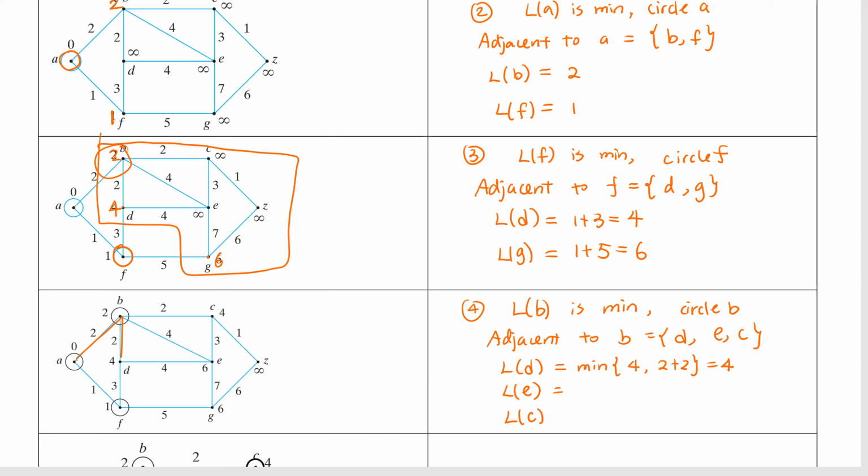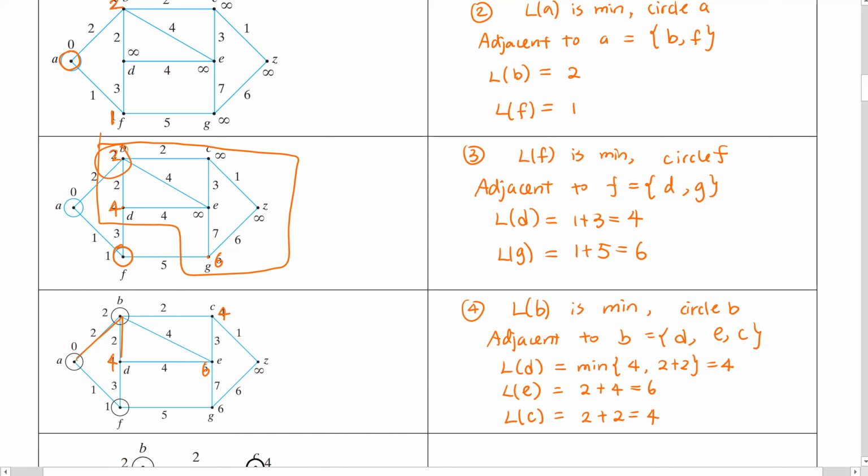And E is new, so LB is 2 plus the edge between them has weight 4, so we have 6. C we have 2 plus 2, which is 4. So D we still have 4, E we have 6, C we have 4.